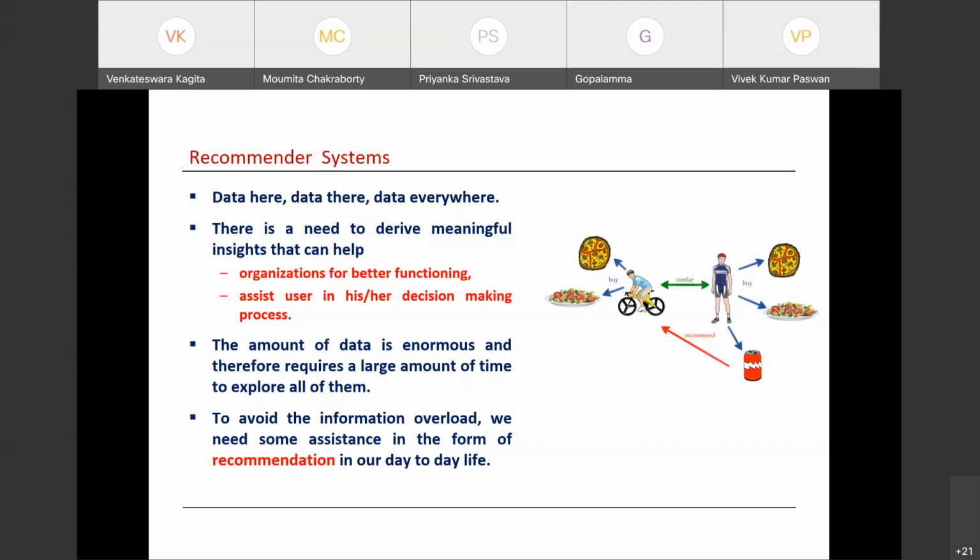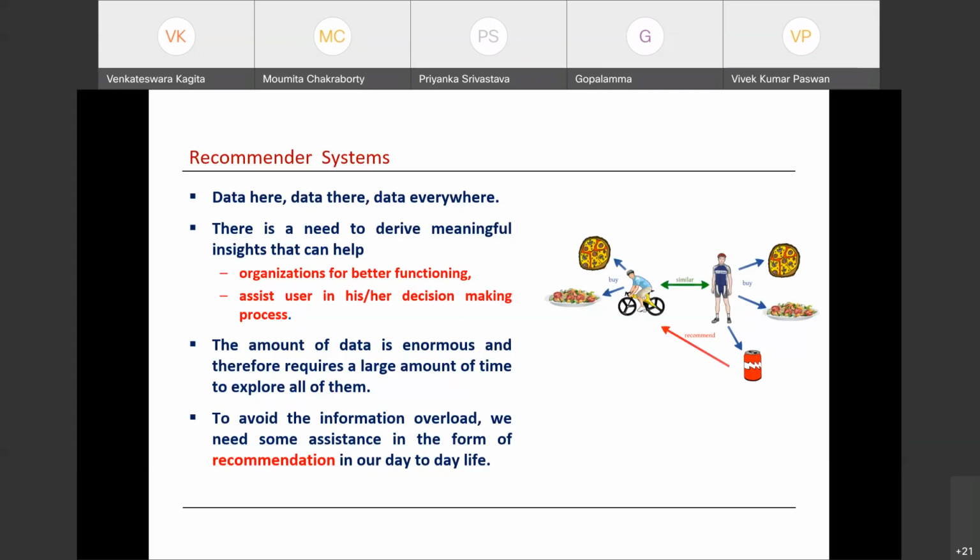Right? So there are various recommendations. For example, if you see this figure, there are two users. One of the users has already eaten pizza and fried rice, and the other user pizza, fried rice, and coke. Okay, so these two are similar, no?